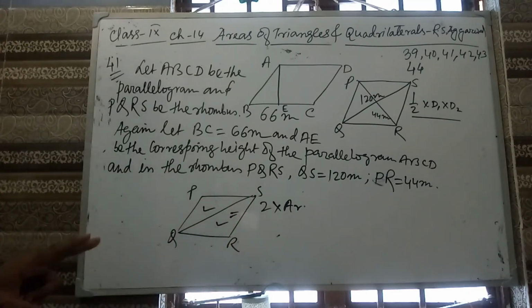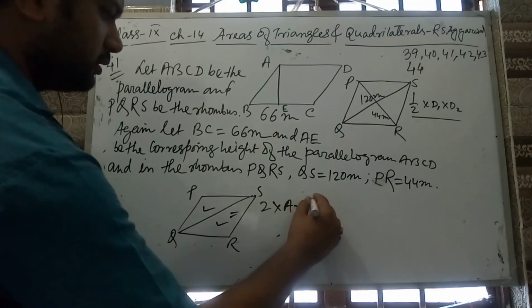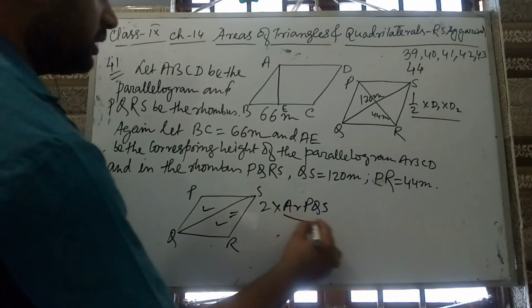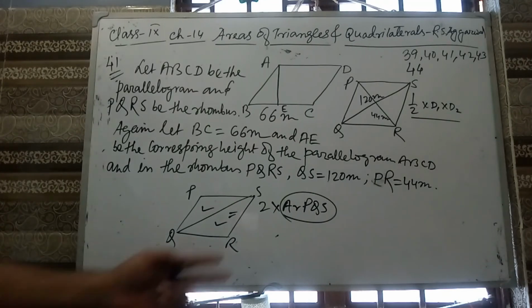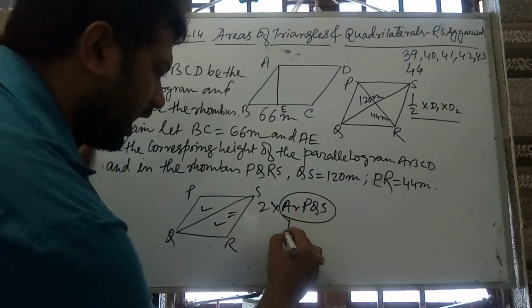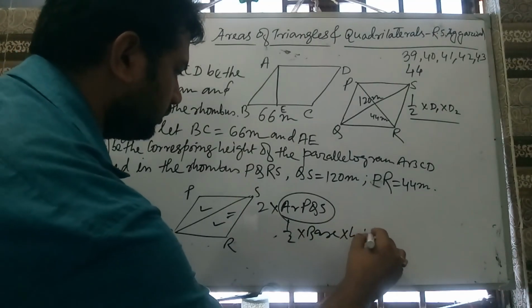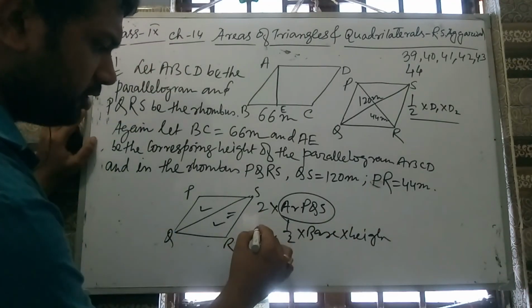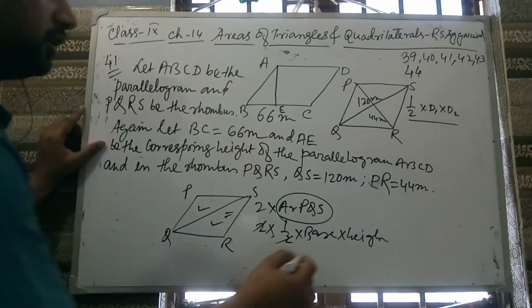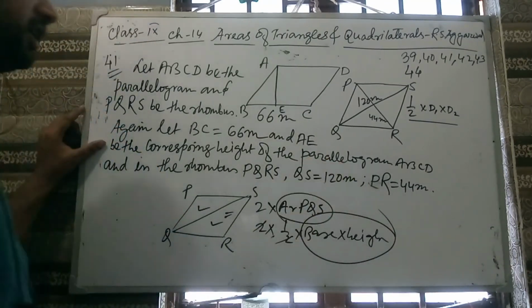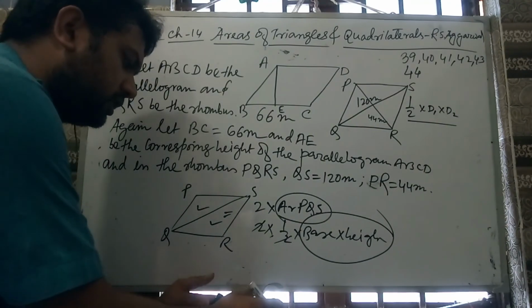Now what is the formula to find out area of triangle? Half into base into height. Here we have 2 and half, they cancel out. So base into corresponding height is the area of a parallelogram.